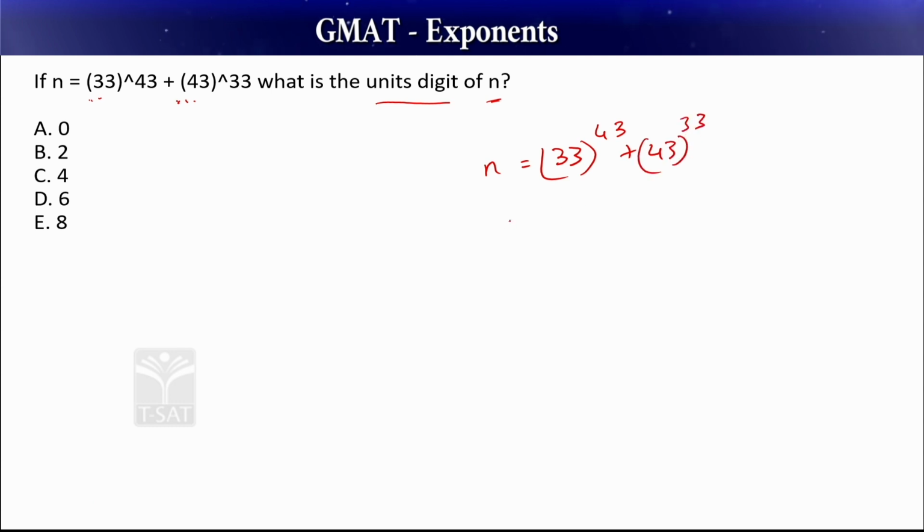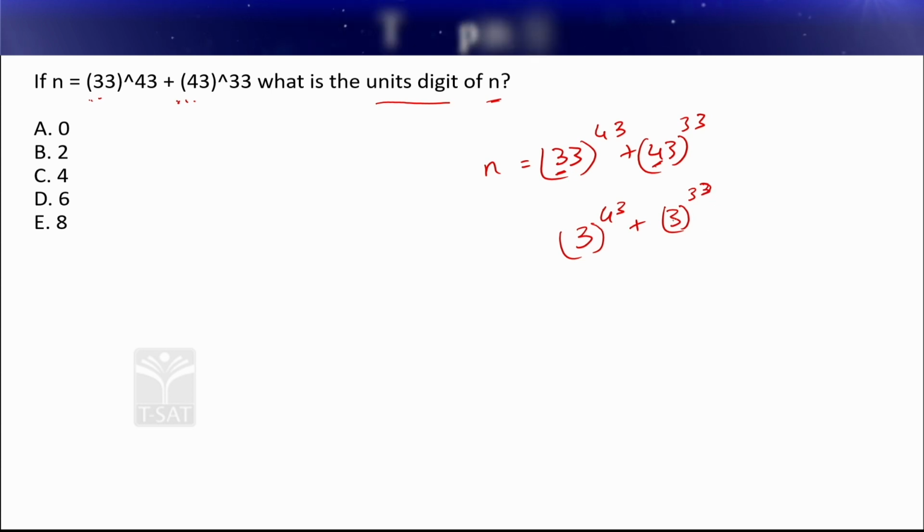So this will have the same units digit as 3 raised to 43 plus 3 raised to 33. We can forget whatever comes before our units digit, that is here 3 and 4, and just focus on the unit digit. Unit digit here is 3.